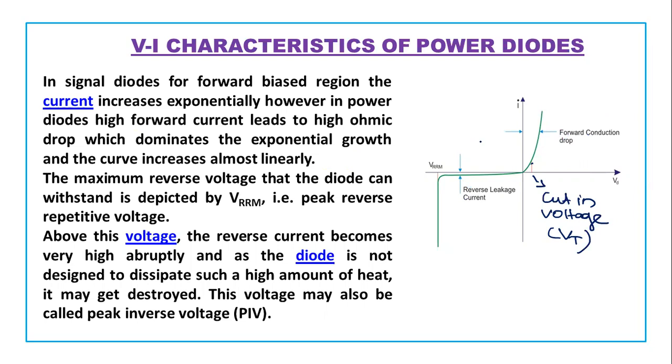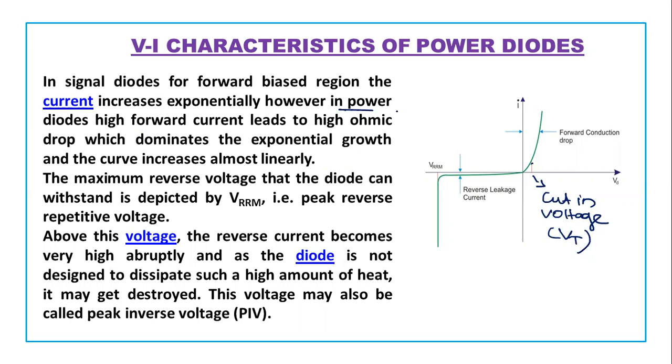When the cathode is positive with respect to the anode, that is the reverse bias condition. In reverse bias, a small reverse current called the leakage current will be flowing. In signal diodes in the forward bias region, the current increases exponentially.